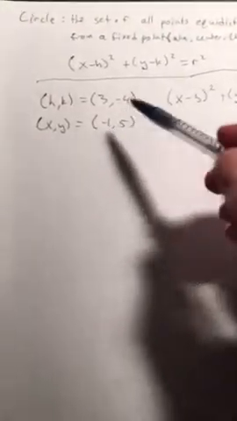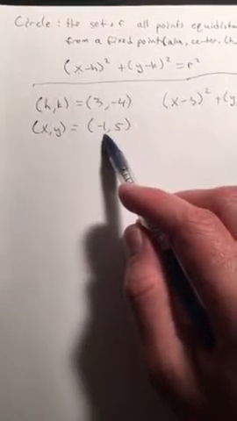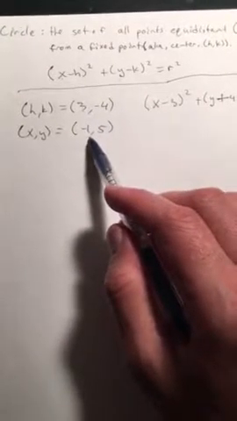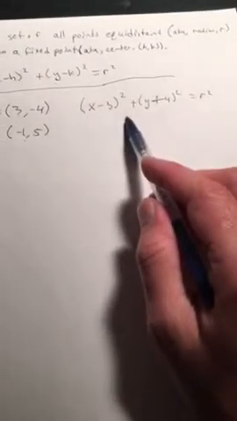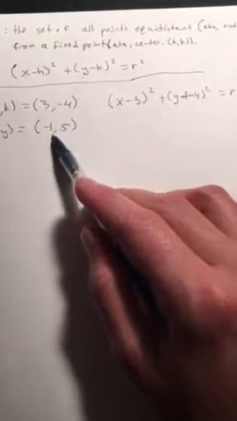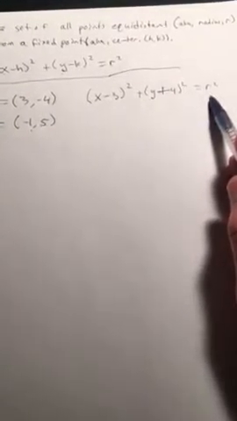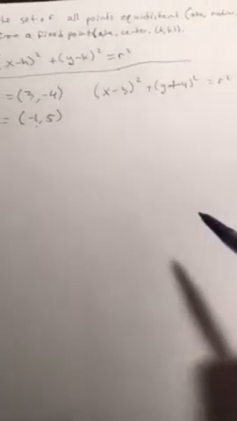Now remember, r is the distance between any point on the circle and the center, but also every point on the circle must satisfy this equation. So we can actually plug in (negative 1, 5) in this equation to figure out what r squared is, to then plug it back in to the standard form. So we can go (negative 1 minus 3) squared plus (5 plus 4) quantity squared.